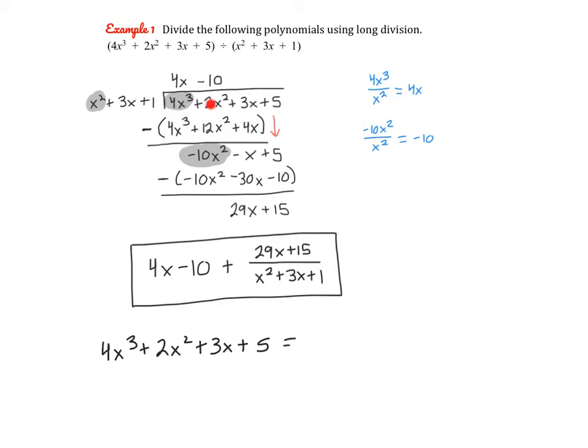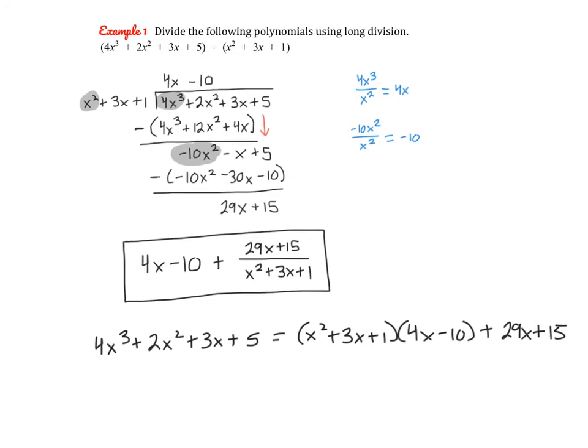So this polynomial on the inside should equal this times this, whatever you divided by, times your answer, plus your remainder. So you could say equals x squared plus 3x plus 1 times your answer, 4x minus 10, and then you have to do plus your remainder, which is 29x plus 15.